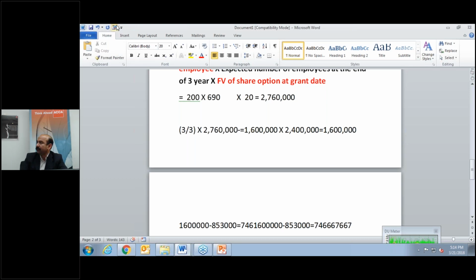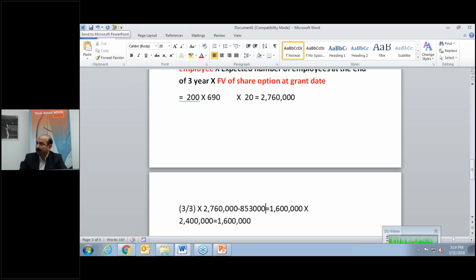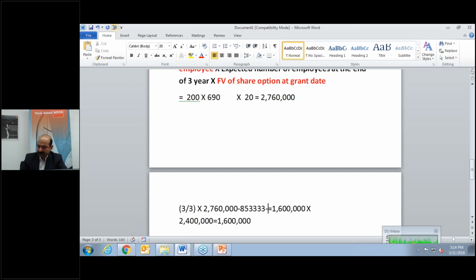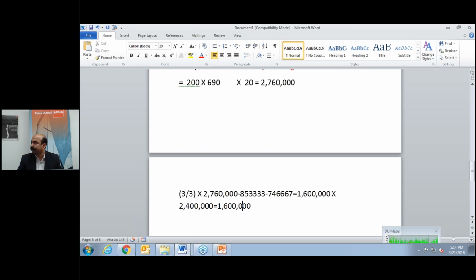I'll be reducing it with the above two amounts: 853,333 minus 746,667. So this will give me 11 lakh 60,000.